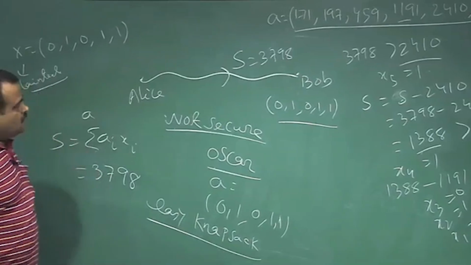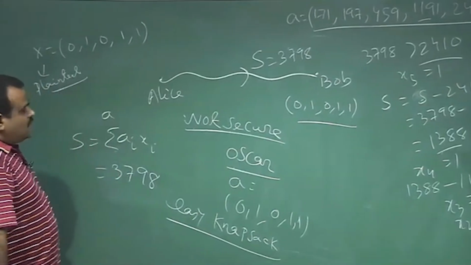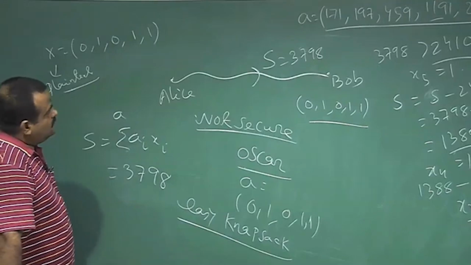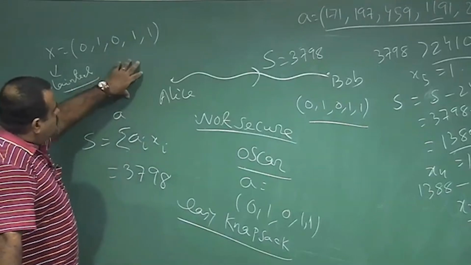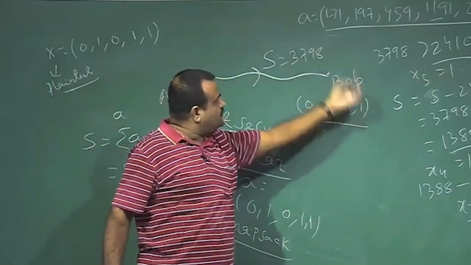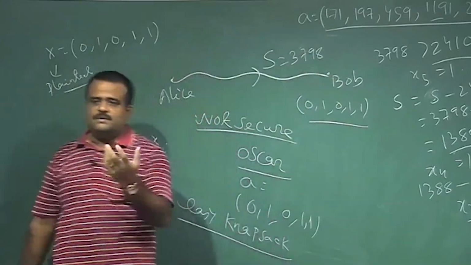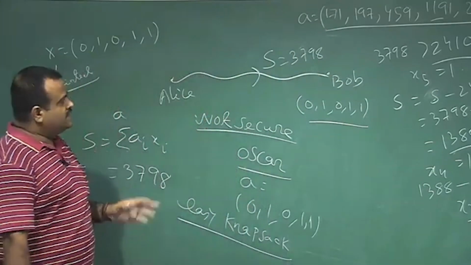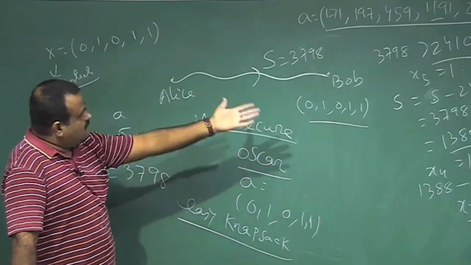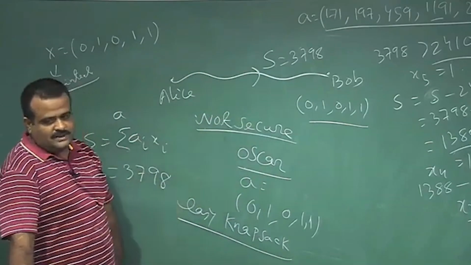Okay. So now the idea is how we can make it strong, how we can make it hard, because if the super increasing sequence is made public, then everybody knows it and anybody can apply that algorithm and get the message.